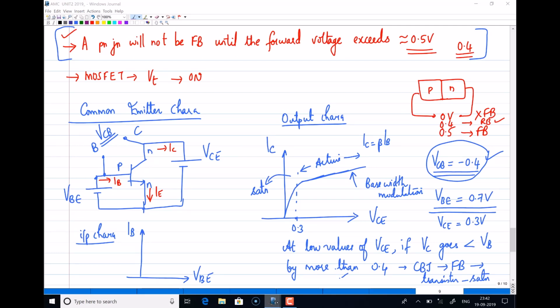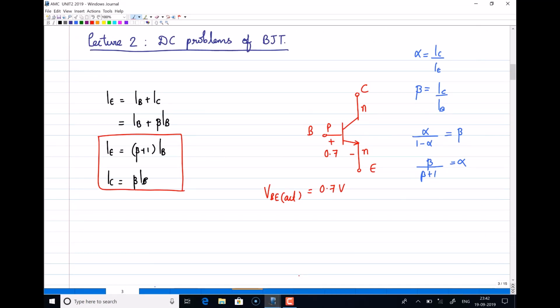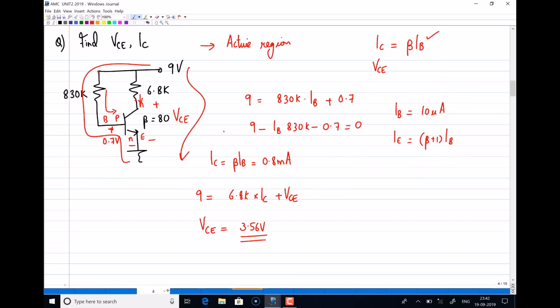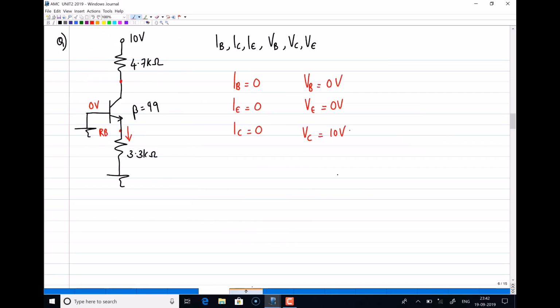In the second lecture we saw various DC biasing and DC numericals, the basic current equations, and the relation of IE, IC, alpha and beta. With that we solved numericals to find the operating point VCE and IC with all these kinds of biasing circuits.